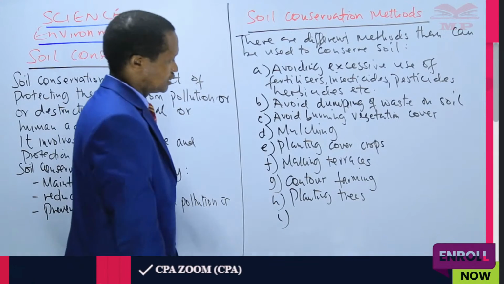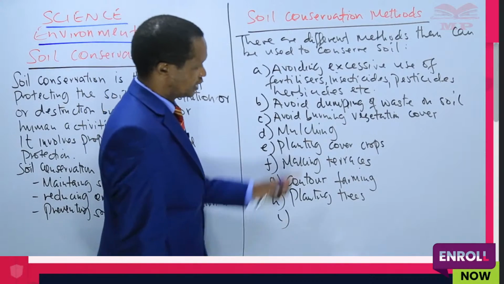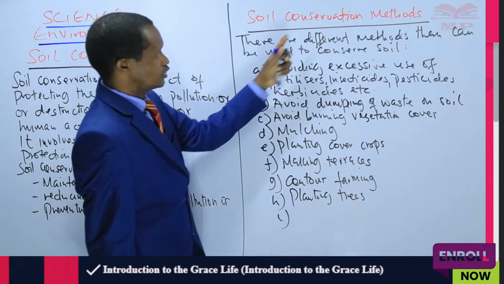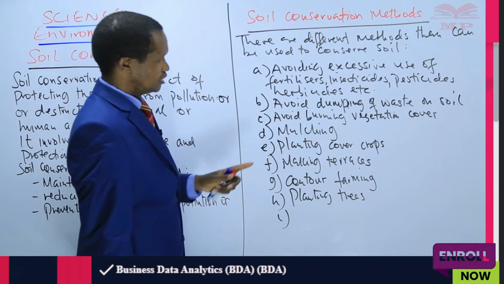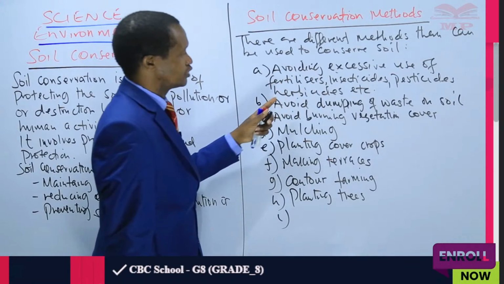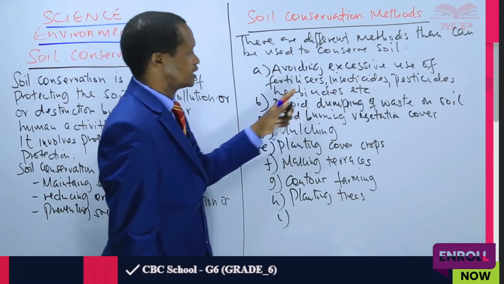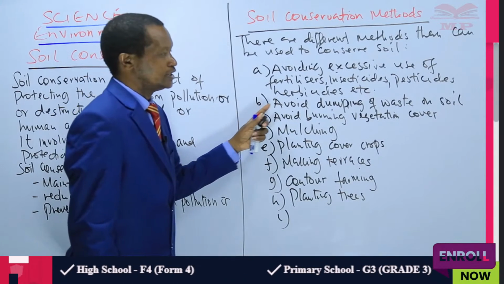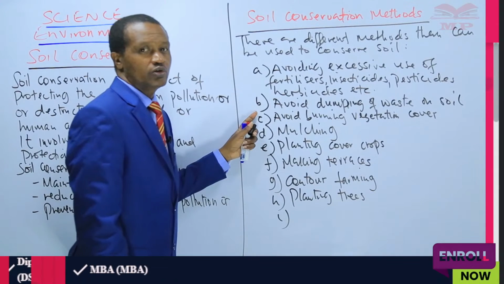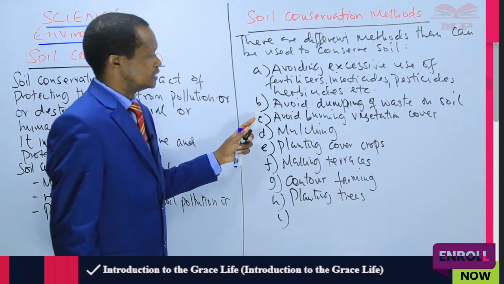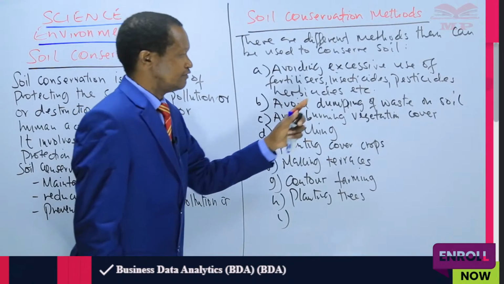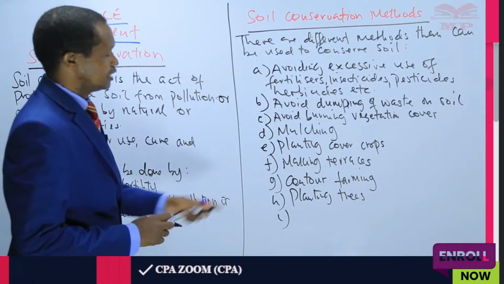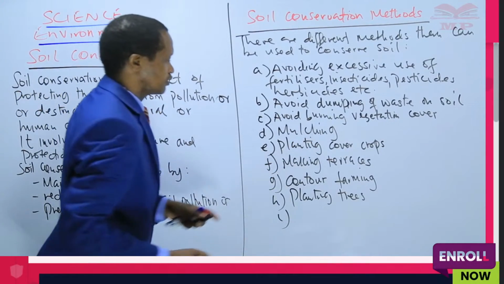Learners, we've said we are listing soil conservation methods. First one is avoid excessive use of fertilizers, insecticides, pesticides, herbicides, etc. B, avoid dumping of waste on soil. C, avoid burning vegetation cover. D, mulching. E, planting cover crops.